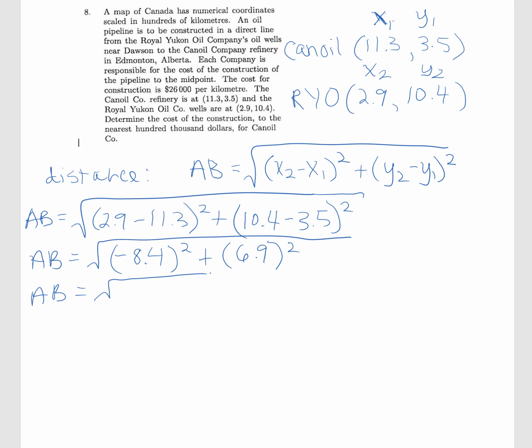Negative 8.4 squared ends up being 70.56. And 6.9 squared is 47.61.